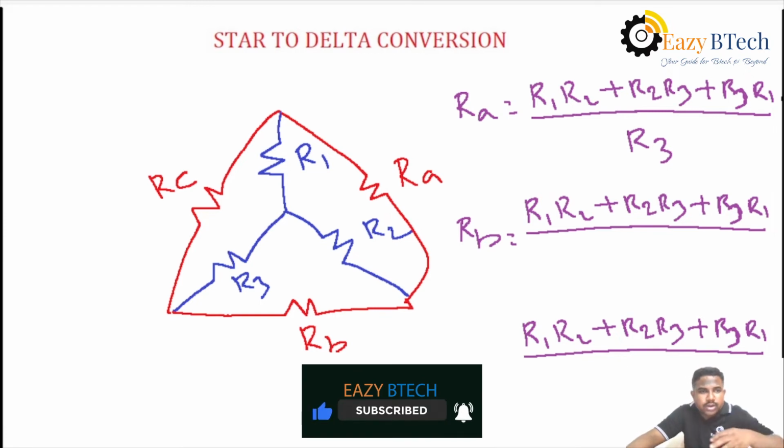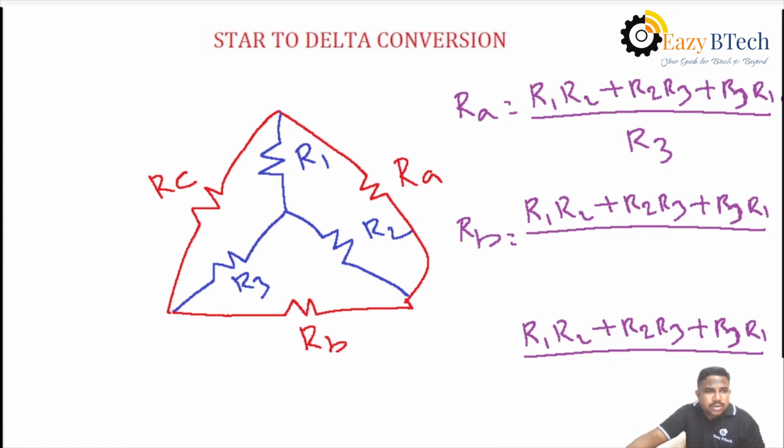That's why in the denominator you mention the opposite element for RB, that is R1. Similarly, for RC, the opposite resistance will be R2. Then the numerator will be the same throughout the formulas. Remember, the numerator is the sum of the products of two values, divided by the opposite resistance value. These are the formulas to change from star to delta.